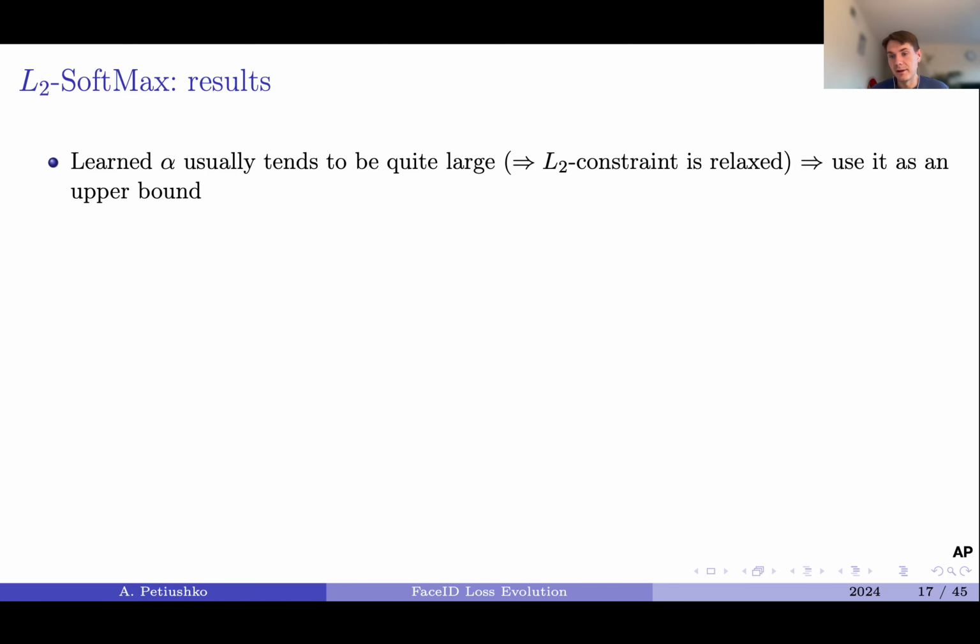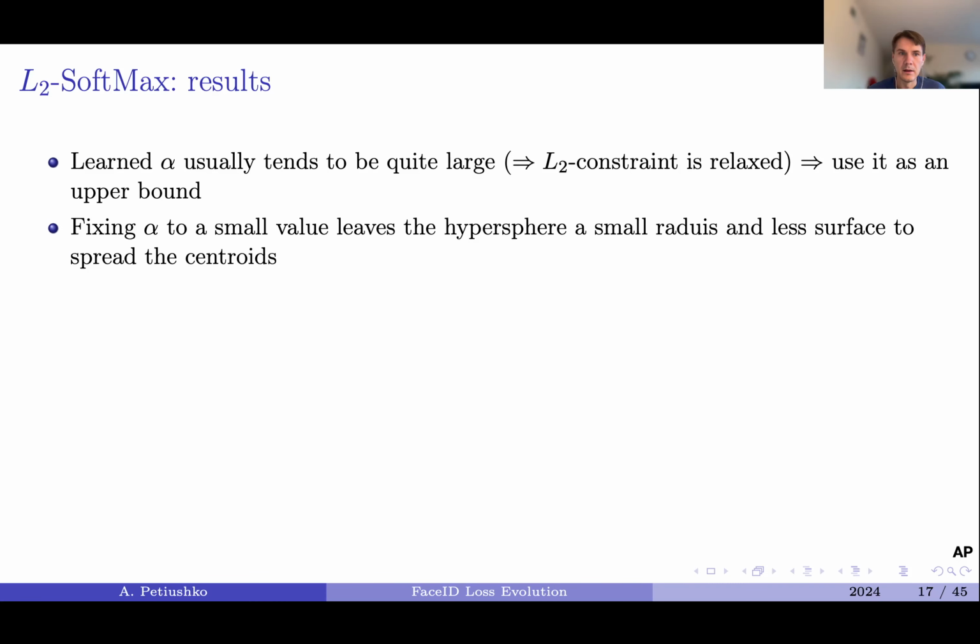But nothing comes for free, so learned alpha usually tends to be quite large. And if it's quite large, our L2 constraint is very relaxed, so let's use it mostly as an upper bound. But if we fix alpha to a small value, it leaves our hypersphere a small radius and less surface to spread the centroids for different classes.